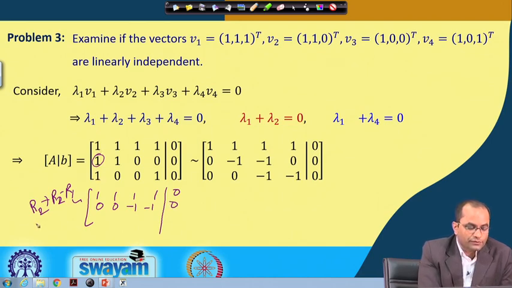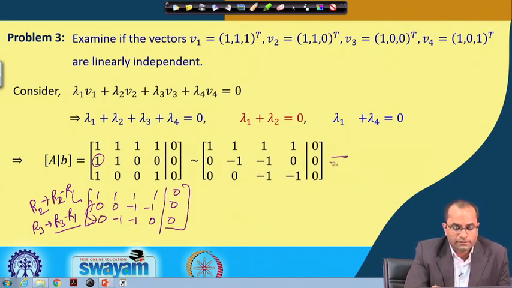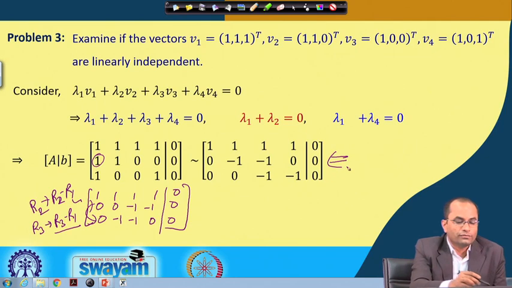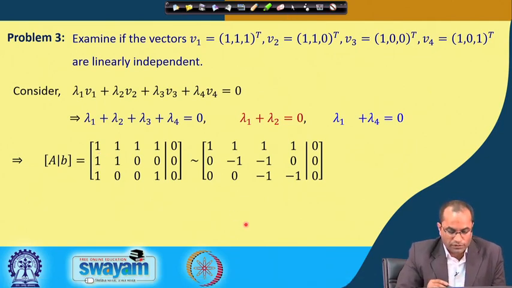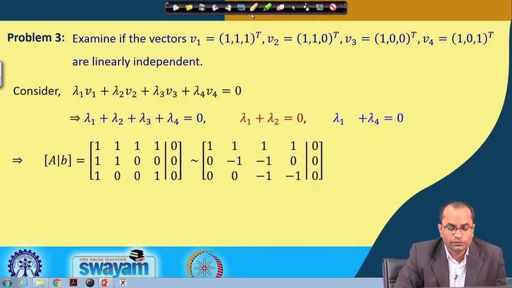Here again we subtract, R 3 minus R 1. So here we get 0, minus 1, minus 1, 0 0. And now we can interchange rows 2 and 3, and we will get exactly this row reduced echelon form.